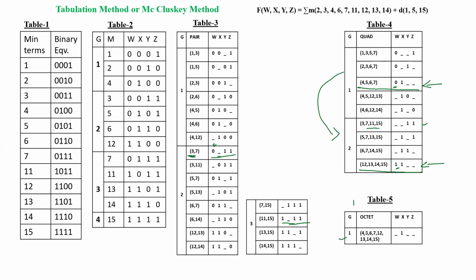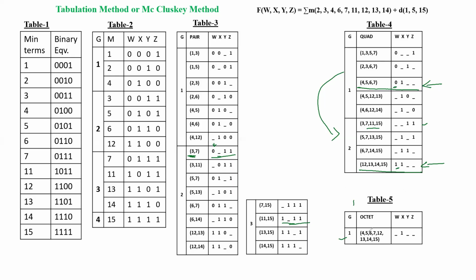But if you see, this octet is not going to cover all the given min terms. So which min terms are missing? For that, we need to look back at table 4 or table 3. Generally we can see in table 4 itself which min terms are missing, and those combinations we have to consider.